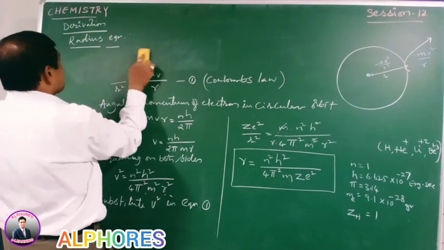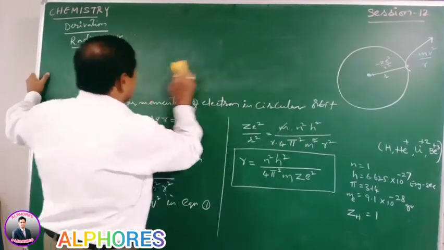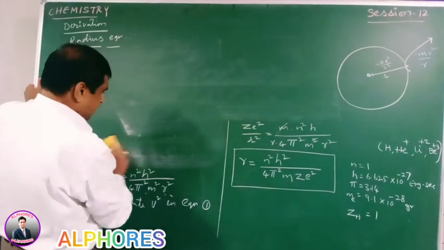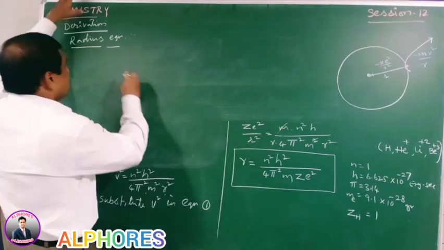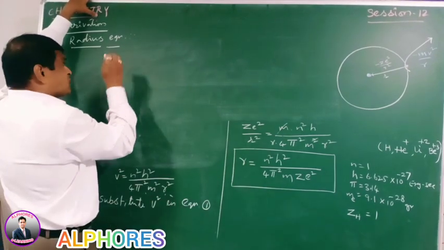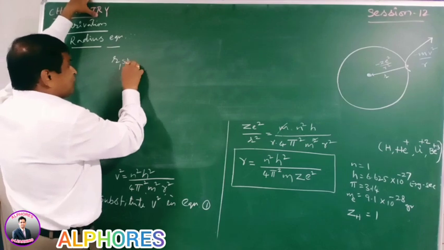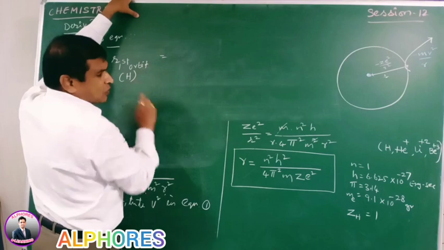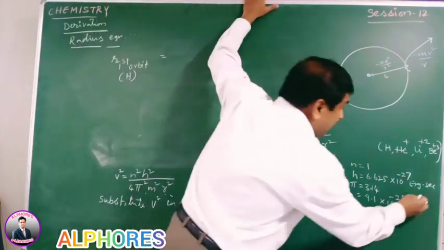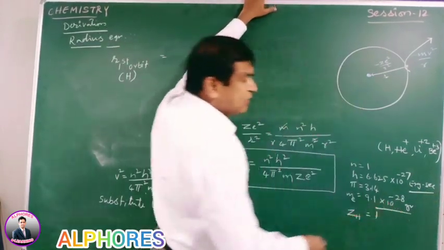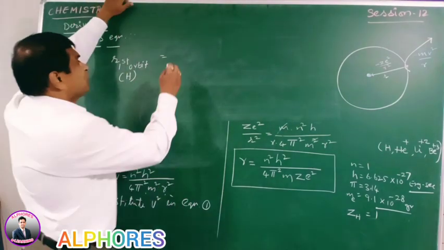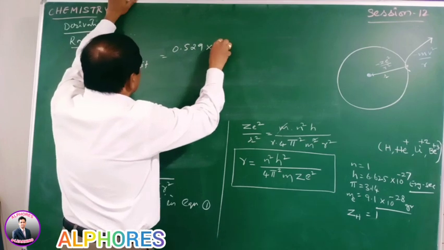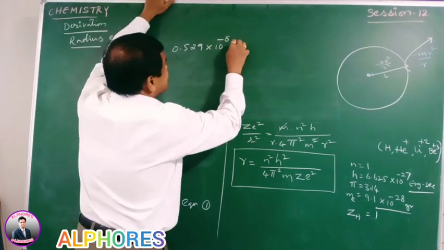The radius of the first orbit of hydrogen atom, substituting all the values in CGS units, that is ergs and mass of the electron in grams, is 0.529 into 10 to the power minus 8 centimeters.